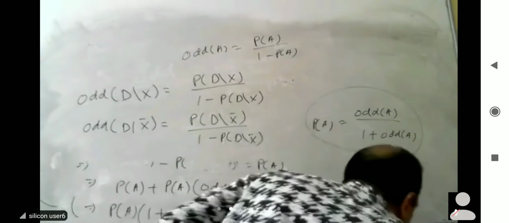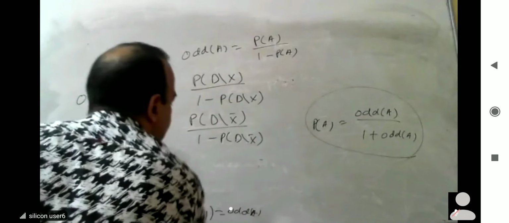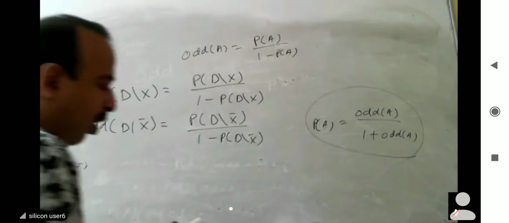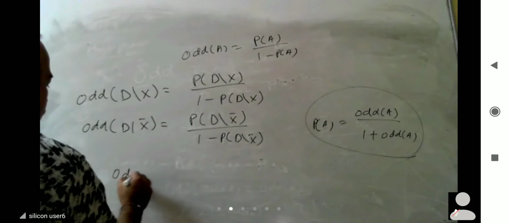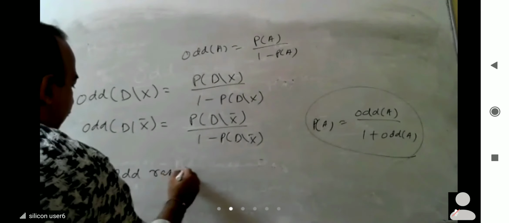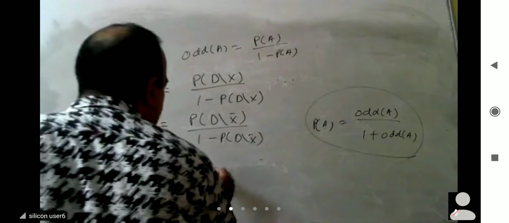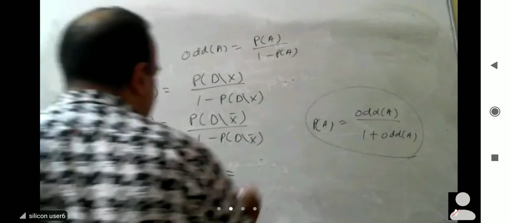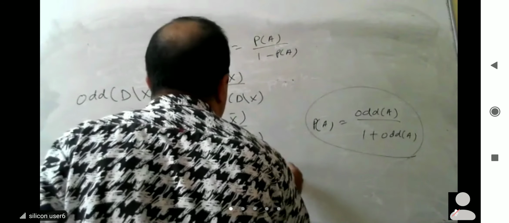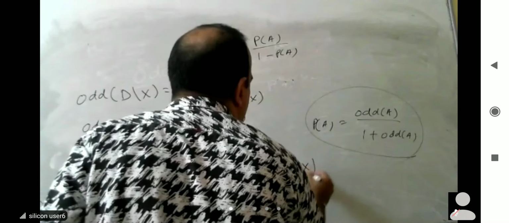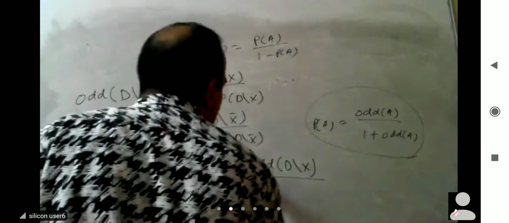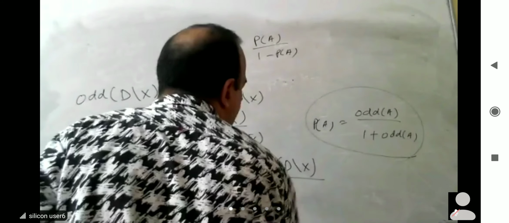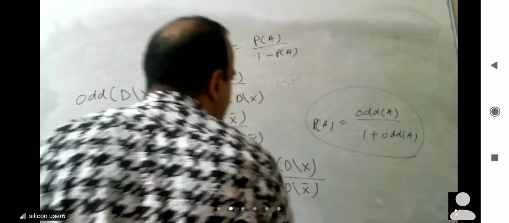So the odd ratio, denoted by delta, is the odd of D condition X, that is an event conditioned on another event, divided by the odd of that event conditioned on its complement.